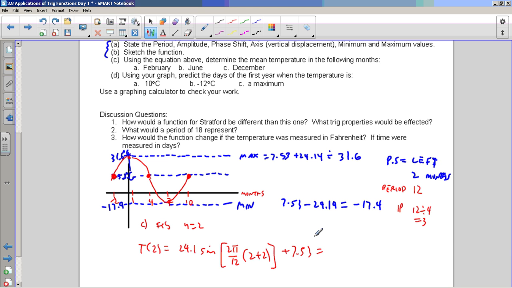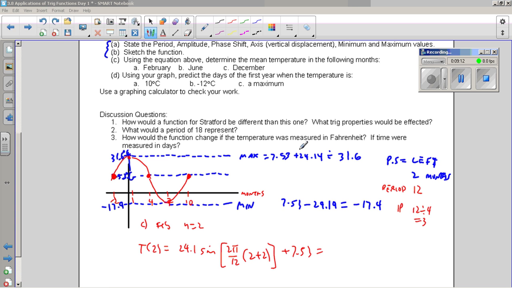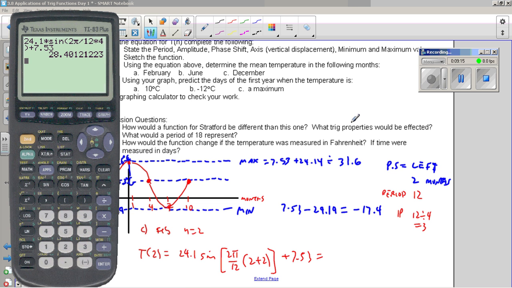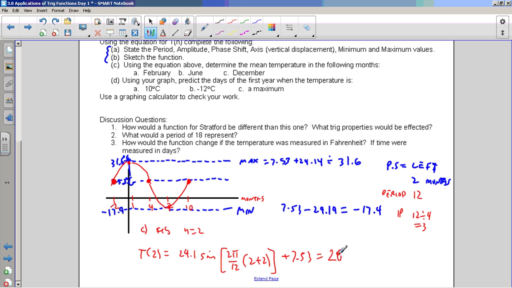Do I have an answer here? No, of course I do not. I'm going to pause the video and clunk that into a calculator. All right, there it is. Bam. Calculator and calculation. Watch your brackets here: 28.4. Notice that we could use the graph to check that.